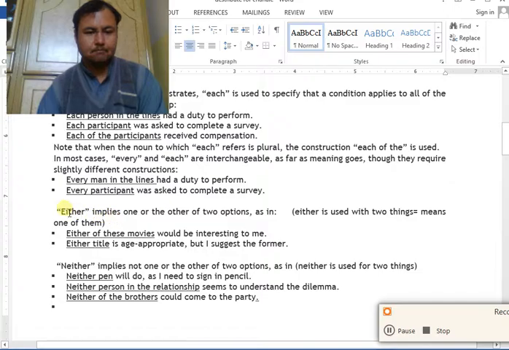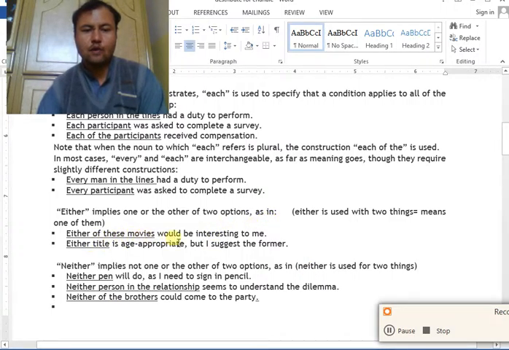Either implies one or the other of two. Either is used with two things, meaning one of them from the two. Each and every we use for more than two, but either is used for two.